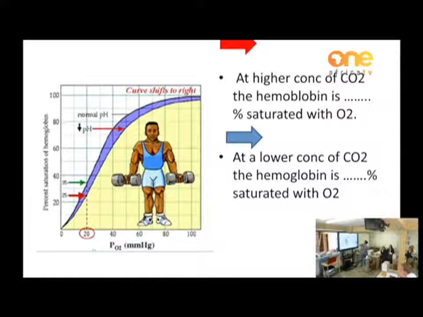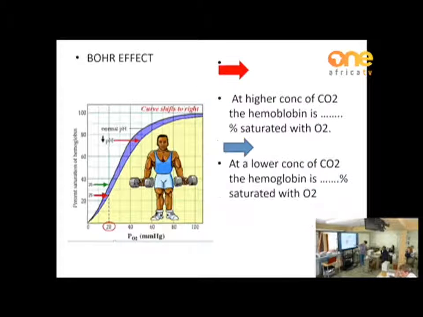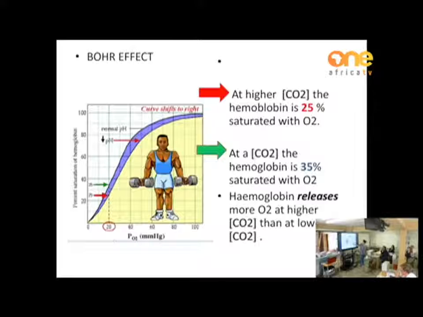At a lower concentration of carbon dioxide, the hemoglobin is 35% saturated. Okay. At a higher percentage of carbon dioxide, the hemoglobin is 25% saturated with oxygen; at a lower, it is 35%. Hemoglobin releases or unloads more oxygen. And we need that.